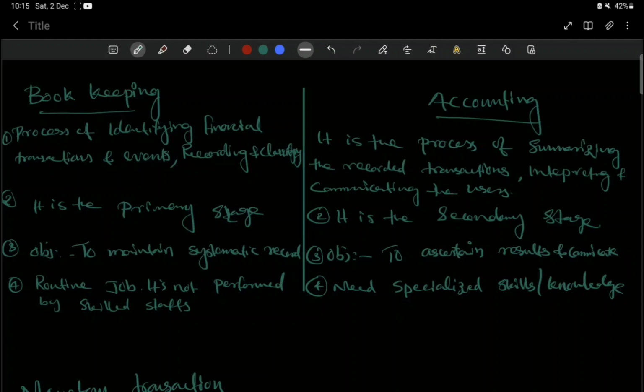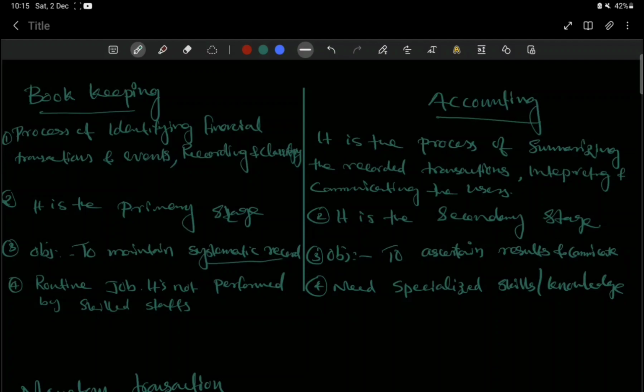So the second difference is the stage. Bookkeeping is the primary stage of accounting, but accounting is the secondary stage. Whenever the bookkeeping ends, the accounting process will start. And the main objective of bookkeeping is to maintain a systematic record. Everything should be in a systematic way, right? So that is the main objective of bookkeeping.